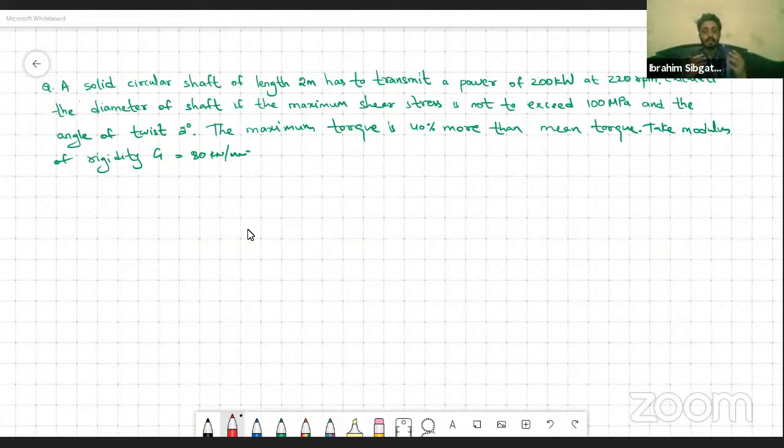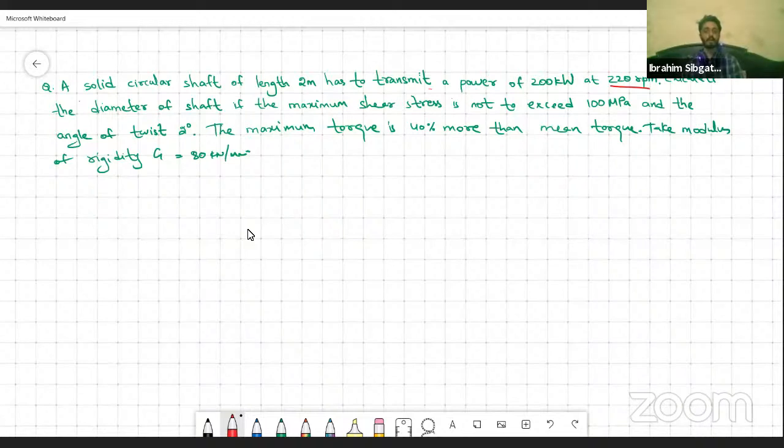Now this shaft is going to transmit a power of 200 kilowatts. And how will it transmit? By rotating. And how much does it have to rotate per minute? It has to rotate 220 revolutions. So here 220 rpm stands for 220 revolutions per minute.